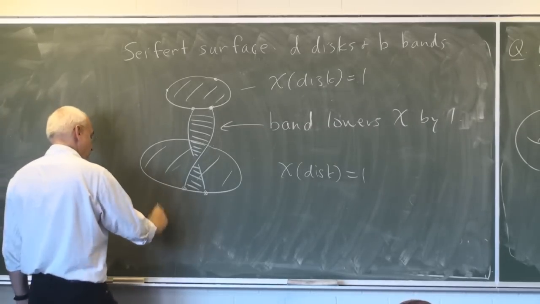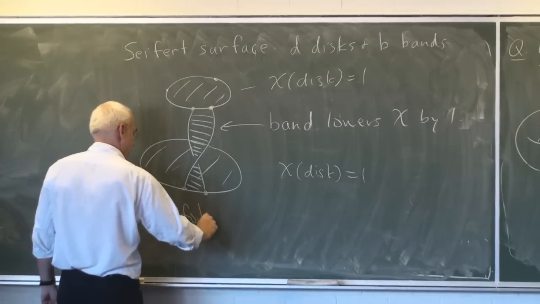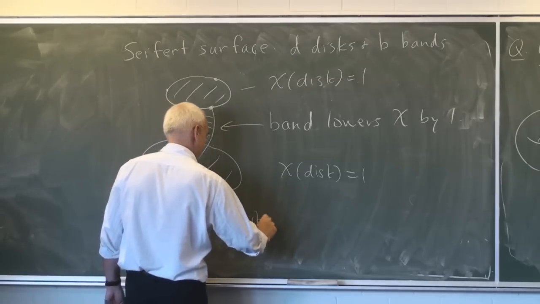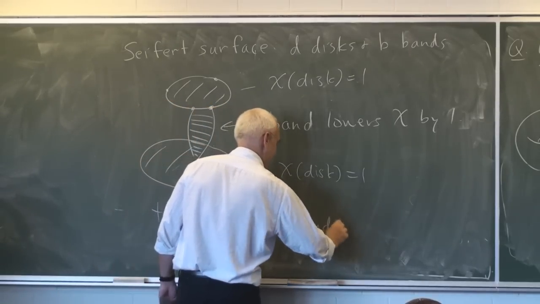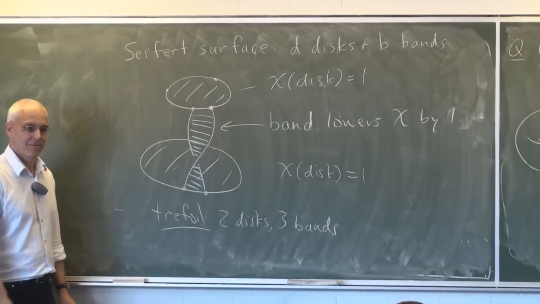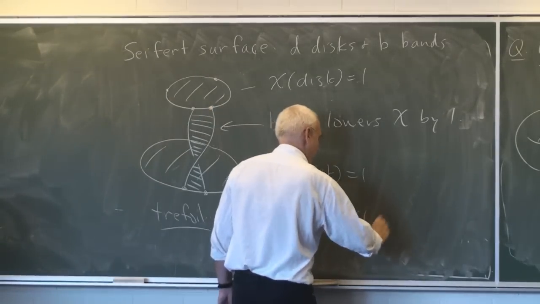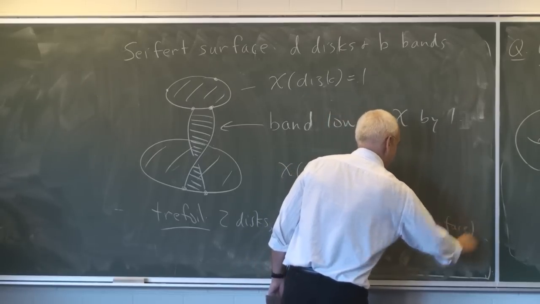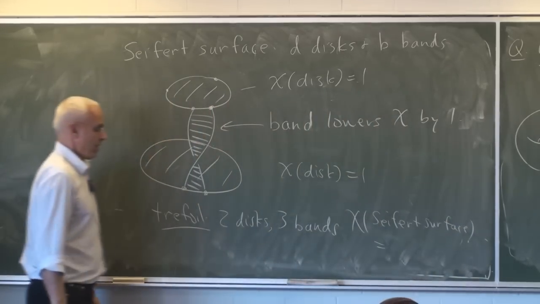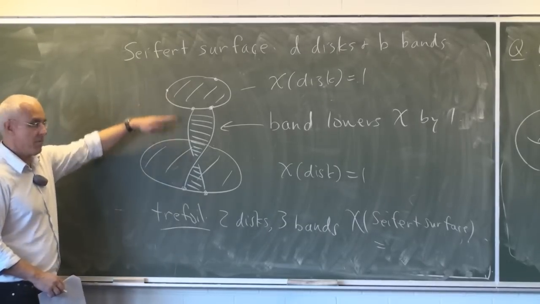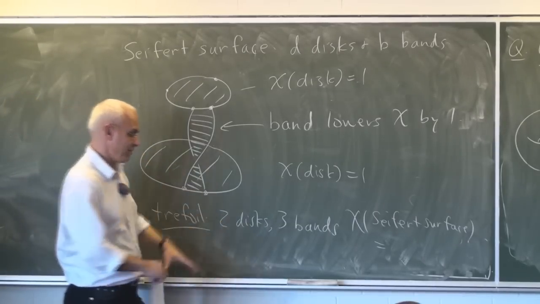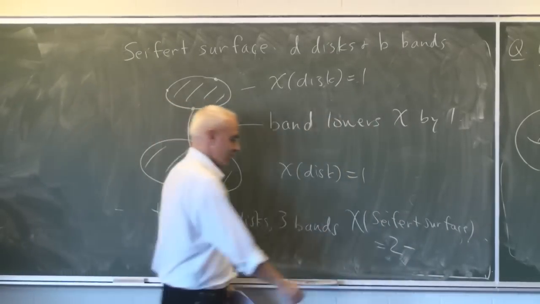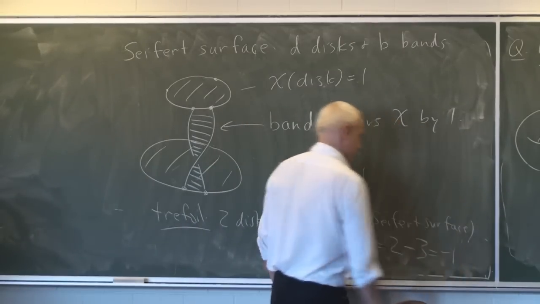So in the case of the trefoil, we had 2 disks and 3 bands. So the Euler number of the Seifert surface was equal to 1 plus 1, which is 2, minus 1 for every band, minus 3, so minus 1.